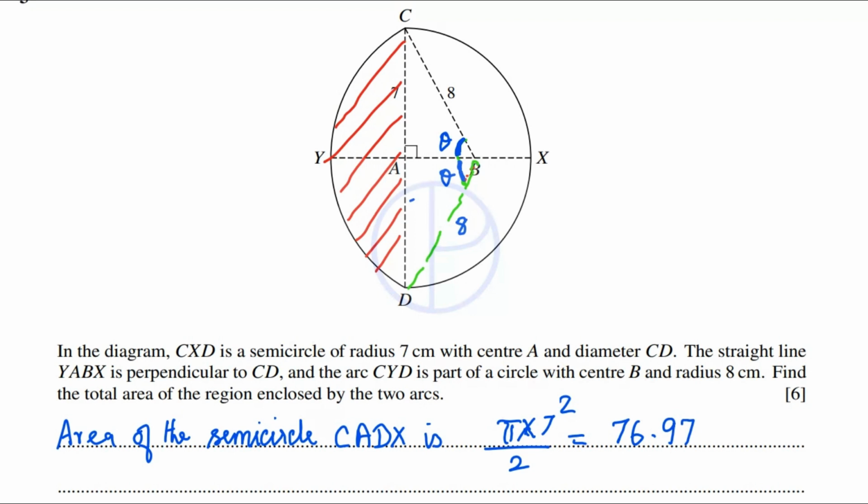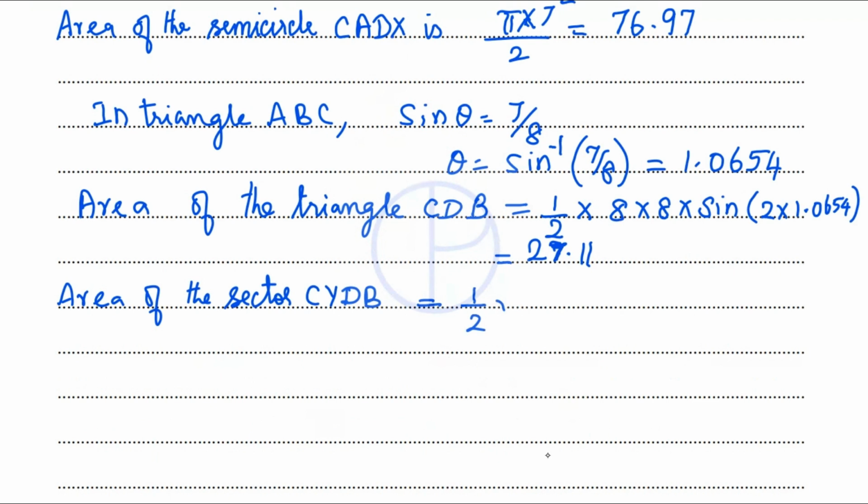In this case r is 8 and theta value is actually 2 theta. So 2 multiplied by 1.0654. On simplification, we get this as 68.19.